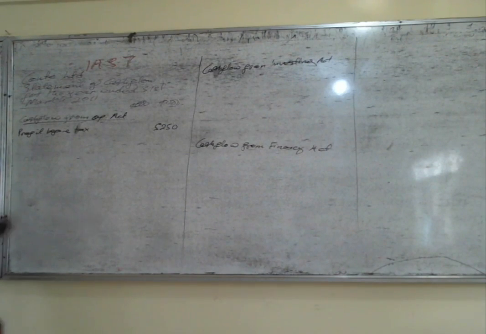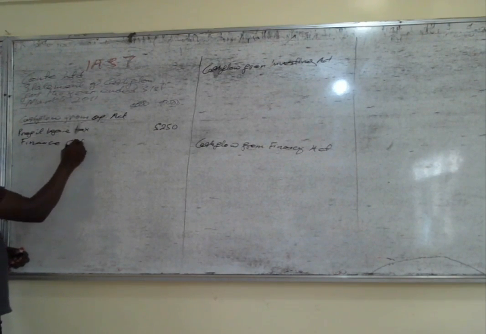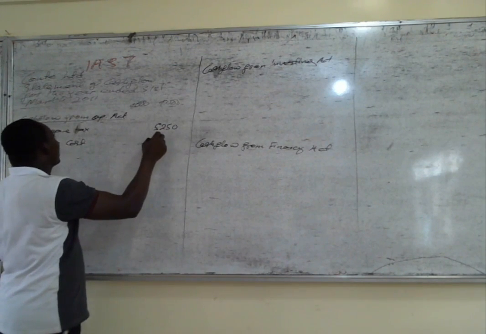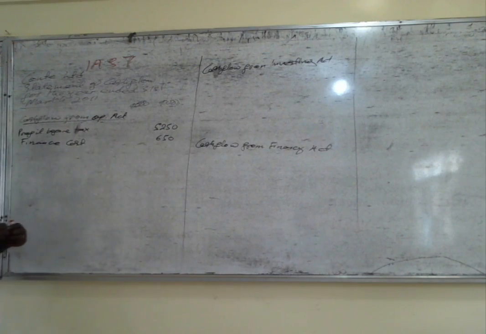So finance cost has been deducted before this one. So you write finance cost. We are adding how much? 650. Just put it. We are adding, so you don't bracket it.